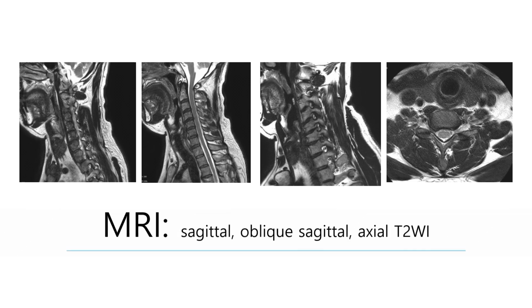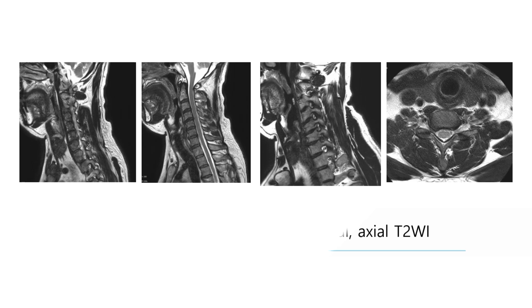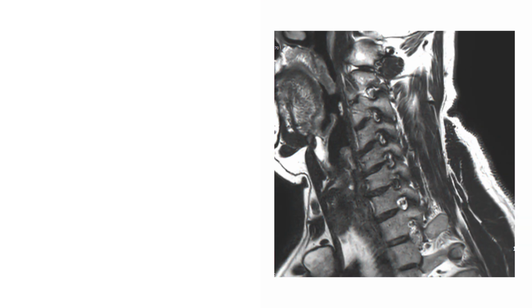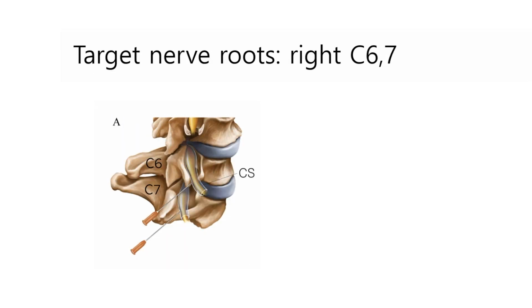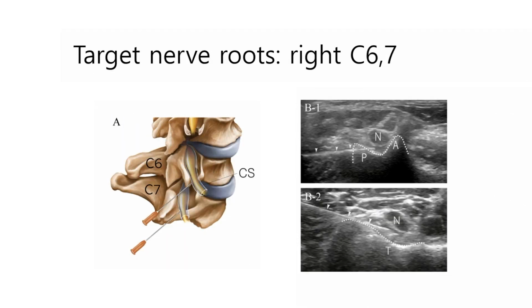These are sagittal, oblique sagittal, and axial T2 weighted images. Oblique sagittal image shows foraminal stenosis at right C5-6 and black disc protrusion at C6-7 level. So I select a target at C6, 7 root and decide to use ultrasound.